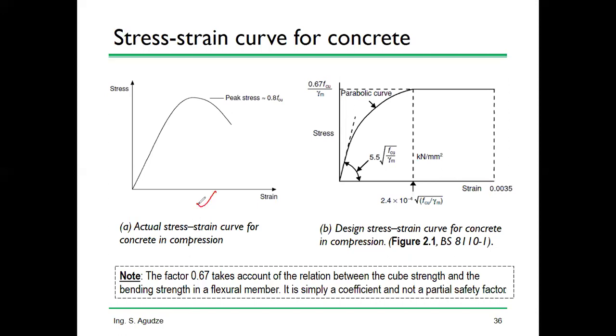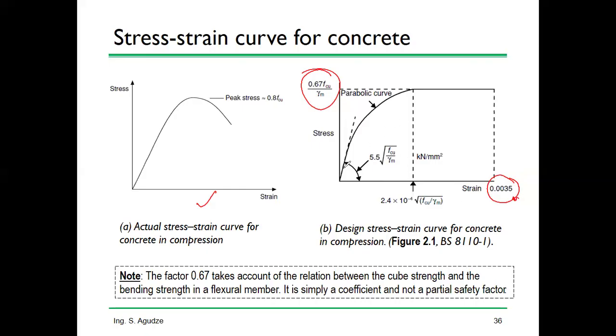And for design purposes, it has been modified to this shape. So this one is the design strength, if you can see, 0.67 FCU over gamma M. And then the maximum strain you expect to see in your concrete is this.